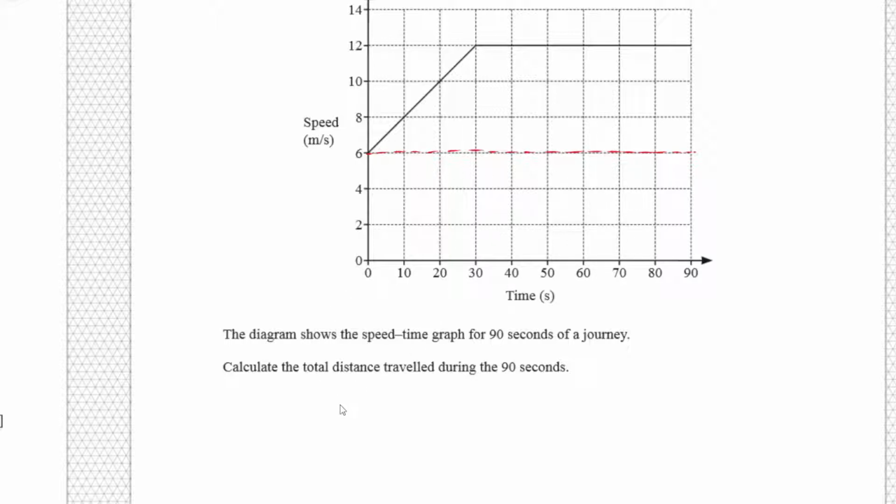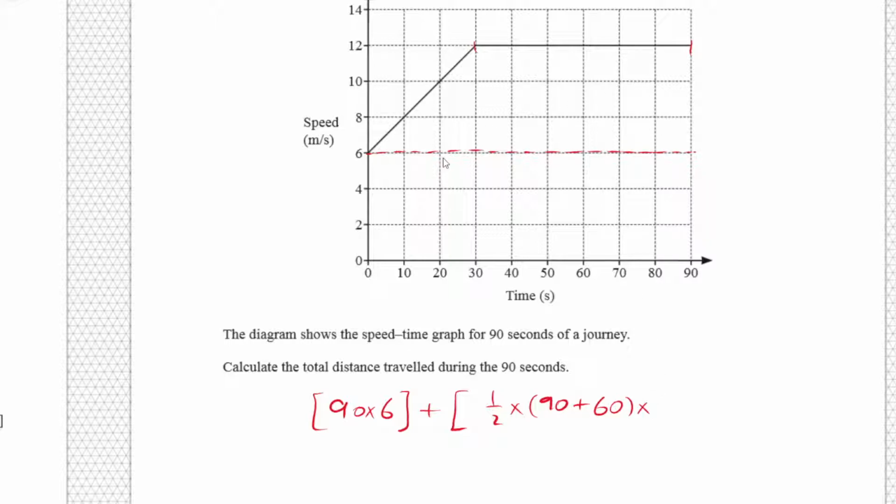For the rectangle, it's just 90 times 6. Plus, for the trapezium, it's half times a plus b, which is the two parallel sides. 90 plus, from this point to this point, it's 60, times the height.